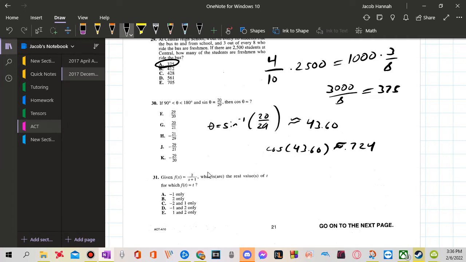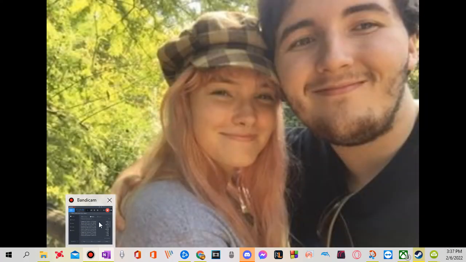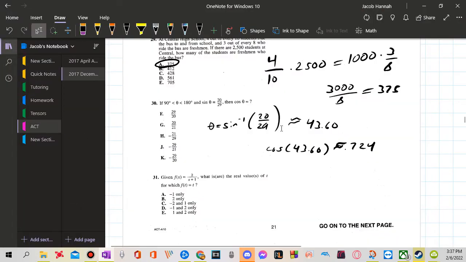That's not right. Did I even have mine in degrees? Sine of theta. Oh. Hold on. Sine of 20 divided by 29. Alright, so that's theta. Then cosine of theta.